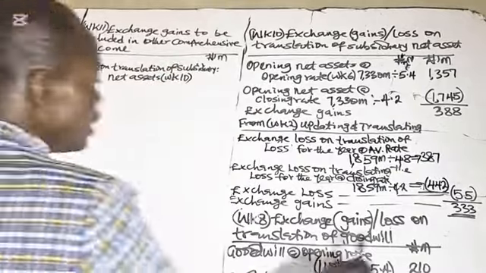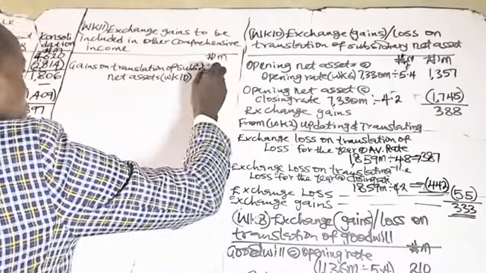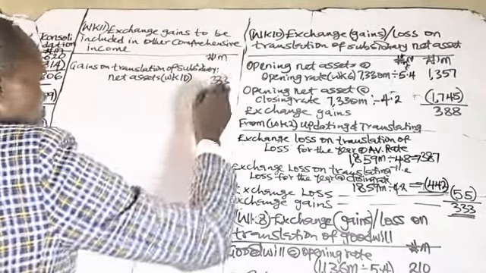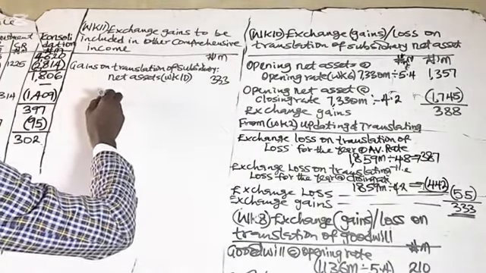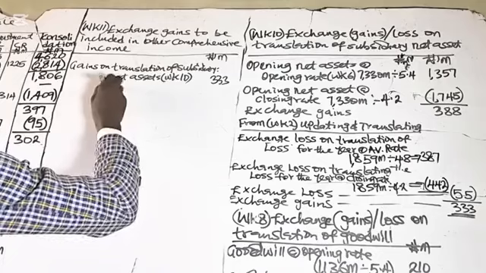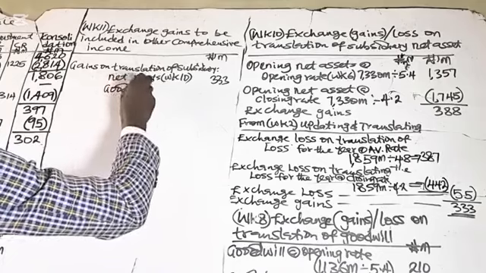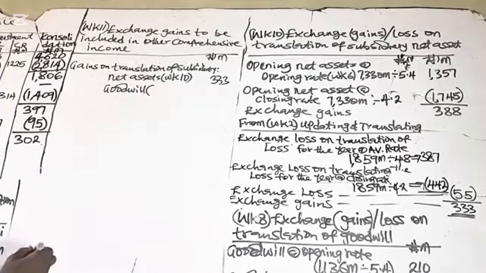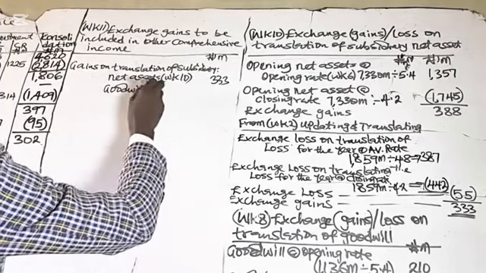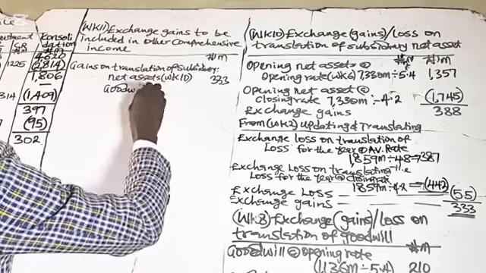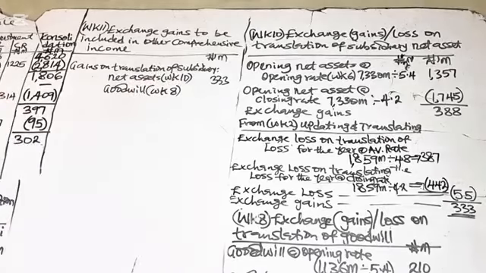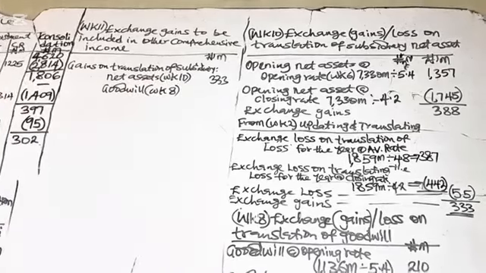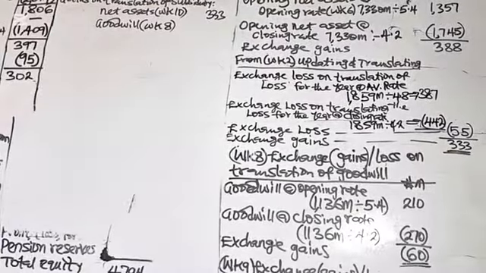And we got 333. Gains on translation of subsidiary goodwill. That is working number 8. Gains on translation of goodwill, and we got 60 million.